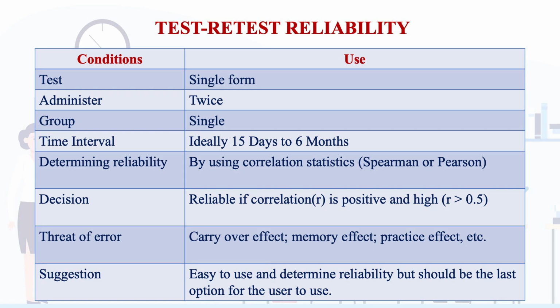The suggestion is that it is very easy to use and determine reliability, but it should be the last option for the user, because the chances of carryover, memory and practice effects are very high in test-retest reliability.